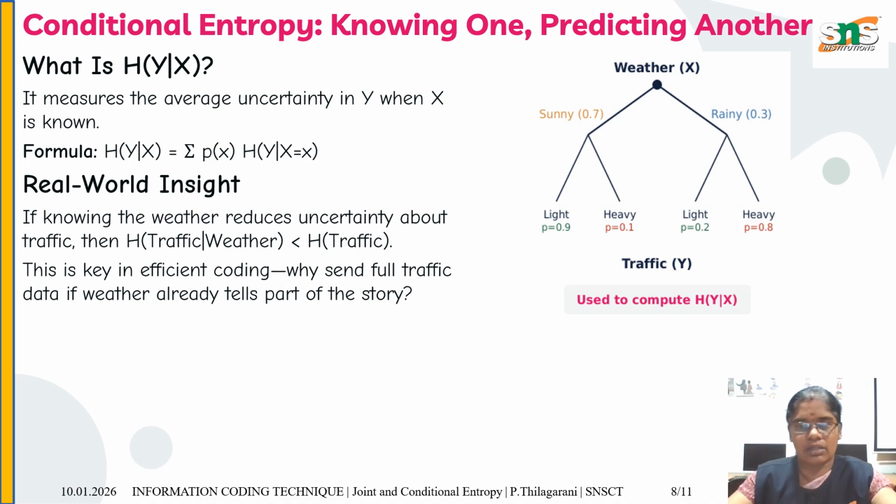In the rainy season, probability of light is 0.2 and probability of heavy is 0.8. Traffic Y is used to compute H of Y given X. This is the diagram for conditional entropy, knowing one to predict another.